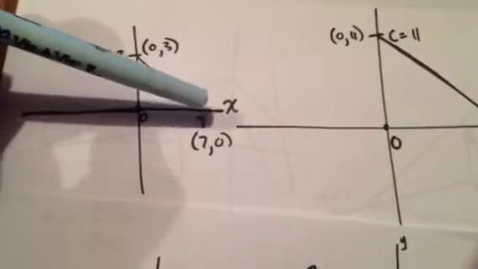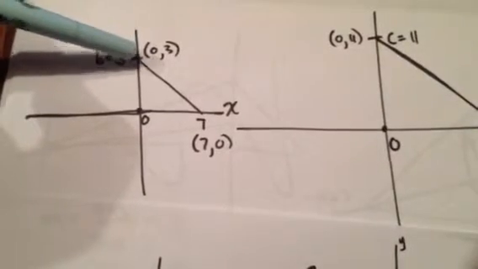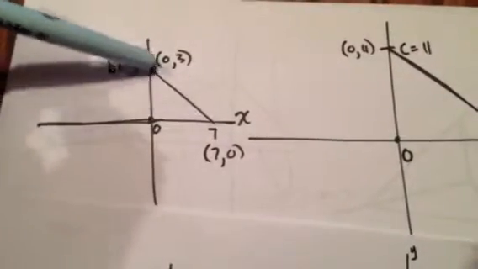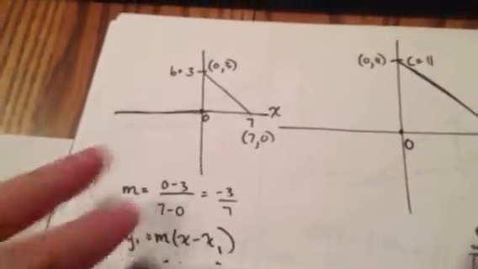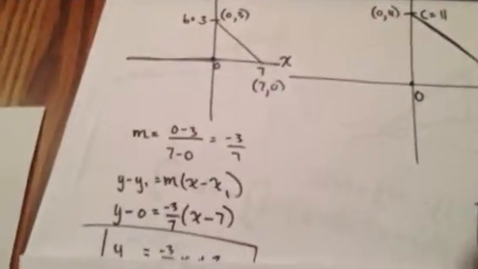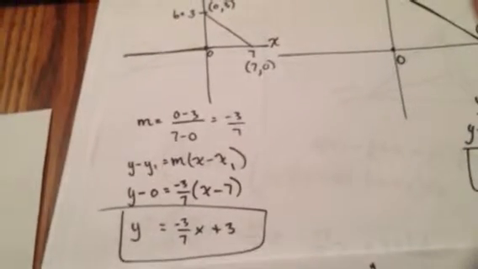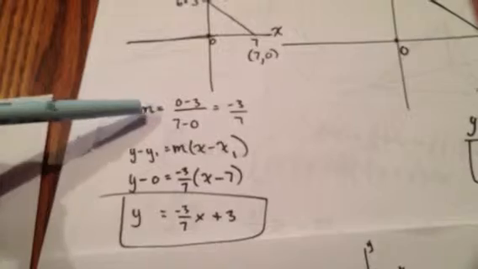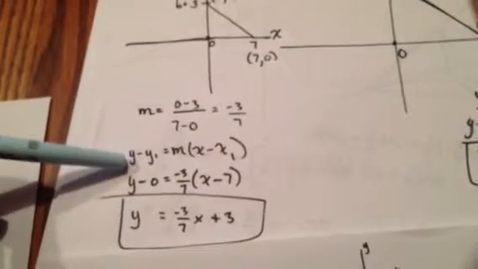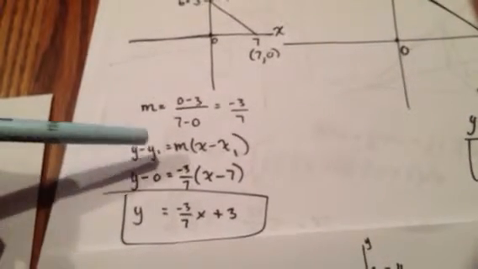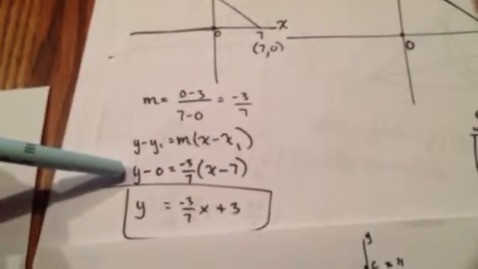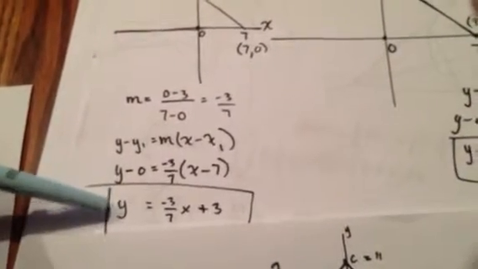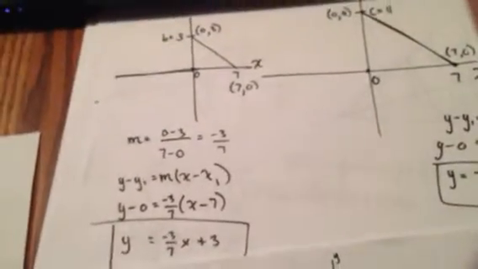X-intercept is 7. And the y-intercept is 3. And using those two points, we can again use all that information to find a slope and use the formula. You can either use the slope-intercept formula or this is point slope, what I've done, but either or works. And you can find the equation of that line.